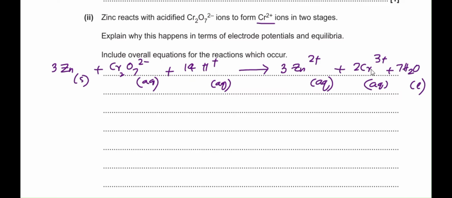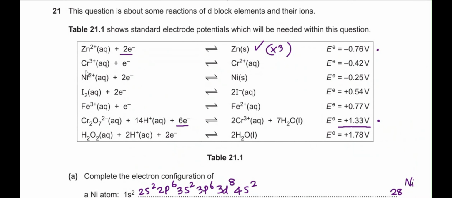From this Cr3+, we need to get Cr2+ ions. And therefore, let's go back to the table and see which reaction might be useful. After the first stage, we have the Cr3+ aqueous ions on hand now. Now they have to be converted into Cr2+ aqueous.